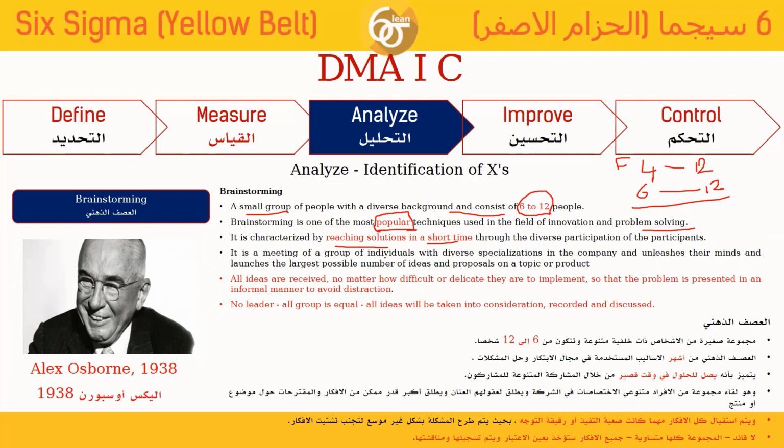So the problem is presented in an informal manner to avoid distraction. What it means is, we will take the potential X's that come from the brainstorming or from a particular idea and we will implement it. In the improve phase, we will learn how to implement the idea. We will not implement the idea on the whole or on a big scale.